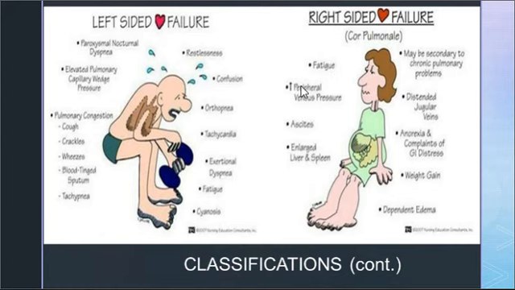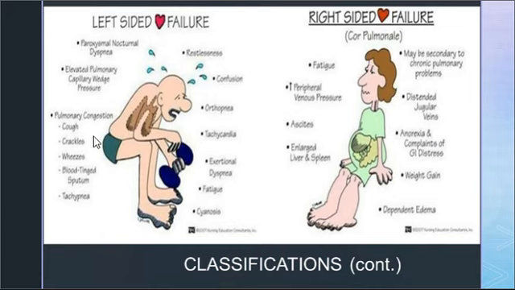Both have fatigue, but with right-sided failure, it backs up into the body, so you get increased peripheral venous pressure, peripheral edema, enlarged liver and spleen, and fatigue, which may be secondary to chronic pulmonary problems like COPD, or pulmonary pressures backing up into the right side. Also distended jugular veins, all the GI symptoms with anorexia and GI distress, weight gain, and dependent edema.